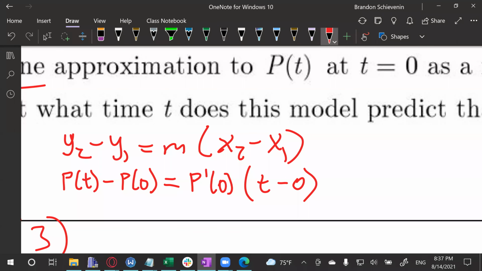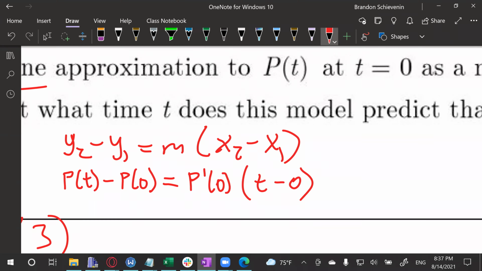Something like this. So I can plug in any time t that you want into this equation, and we'll be able to figure out an estimate for what our pollutant will be at that time. So this is a tangent line approximation. We're using a straight line with one point and one slope that we know. We know at the time 0, there was 50 gallons of pollutant. So I can substitute 50 for P at 0.